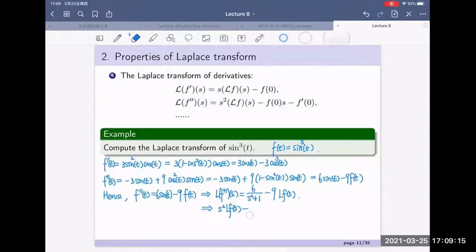On the left side, you get simply s squared multiplying this. On the right side, you get a minus 9 multiplying this. You can collect the two terms. Let me write.